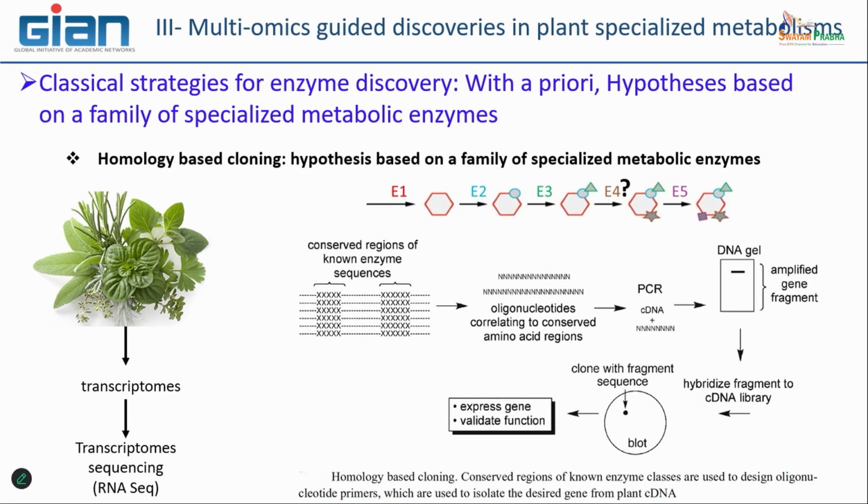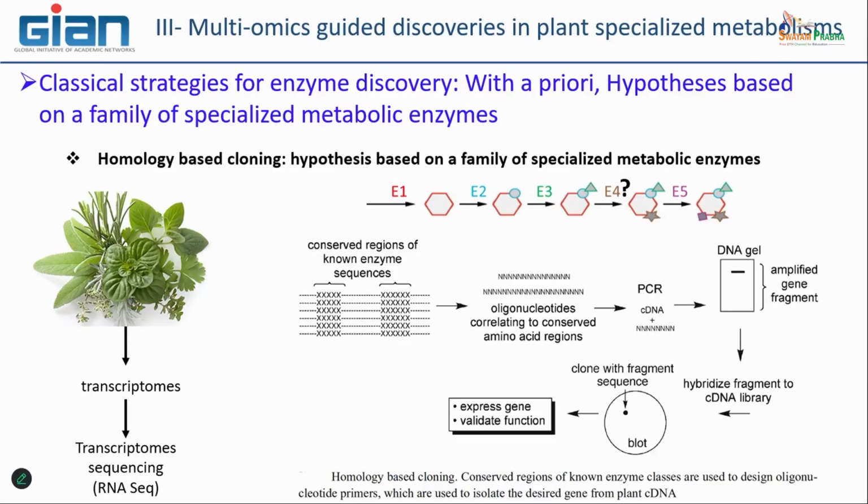On the other side, you have an idea of what the different modifications of a precursor are that lead to the final molecule. And you know that you have several enzymes that catalyze each step of, for example, this portion of the metabolic pathway. You can imagine here, you know the first one, second and third one, and the last one, but you don't know this enzyme.